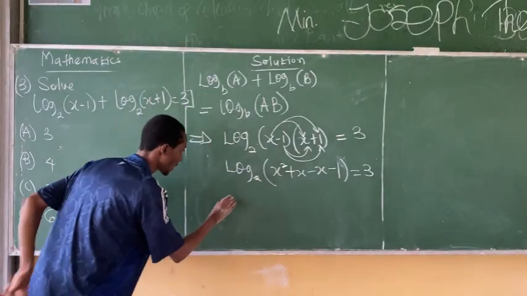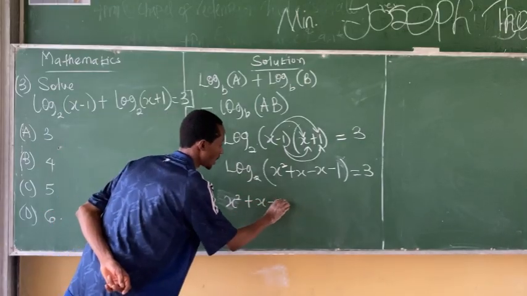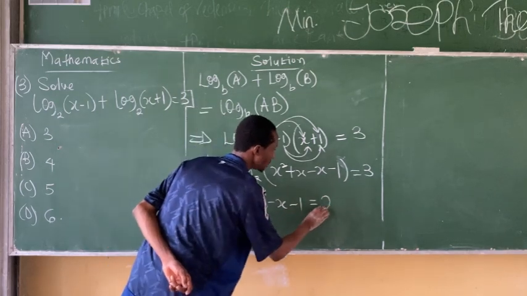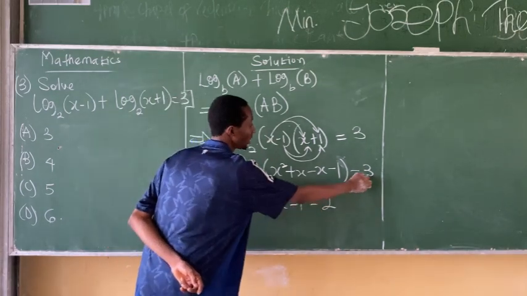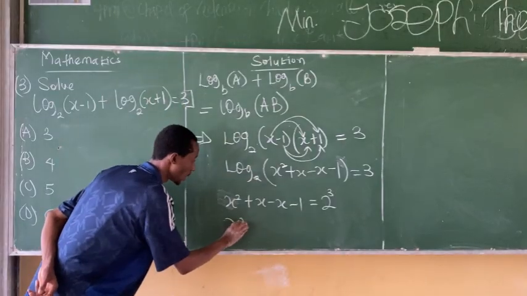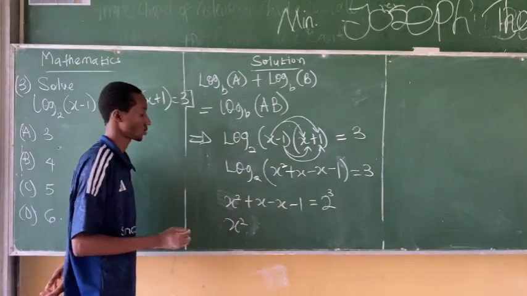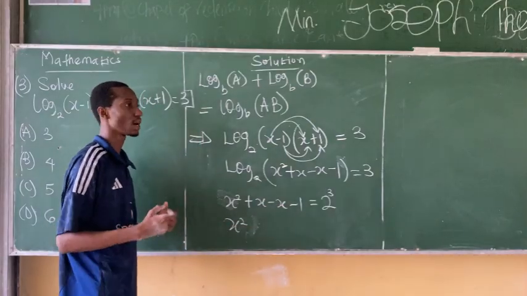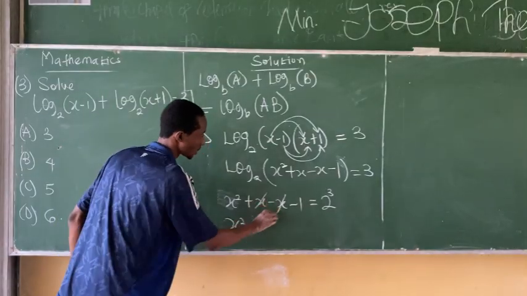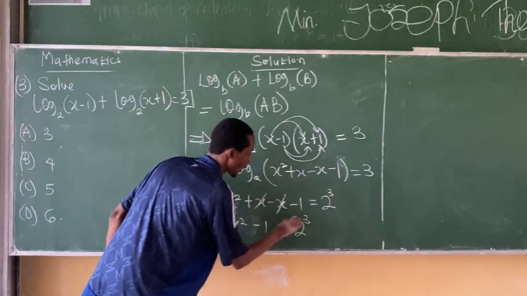If we do that, we have that x squared plus x minus x minus 1 is equal to 2 to the power 3. The plus x minus x will cancel out. It's just like 1 car minus 1 car. It's no car. So this cancels out. We are left with x squared minus 1 is equal to 2 raised to the power 3.